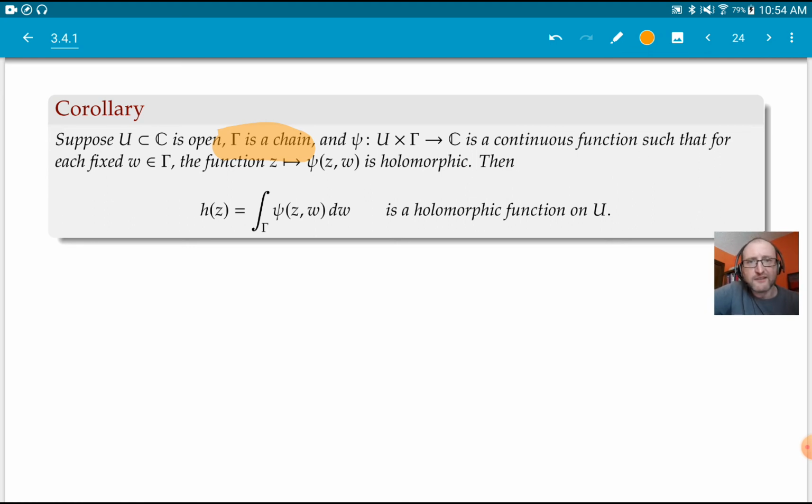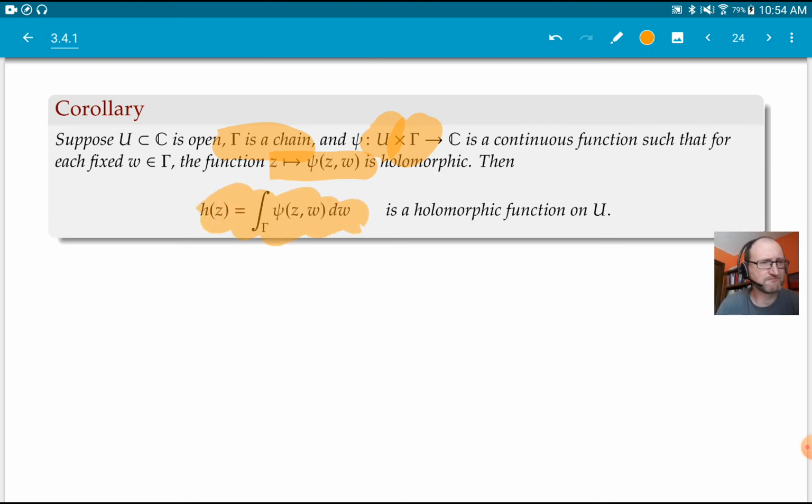And we integrate. We have a function of two variables. One of them varies over u. The other one varies just over the path, over this chain, where those paths are defined, and suppose it's continuous there, and holomorphic when restricted to z. Then we have that this is holomorphic.